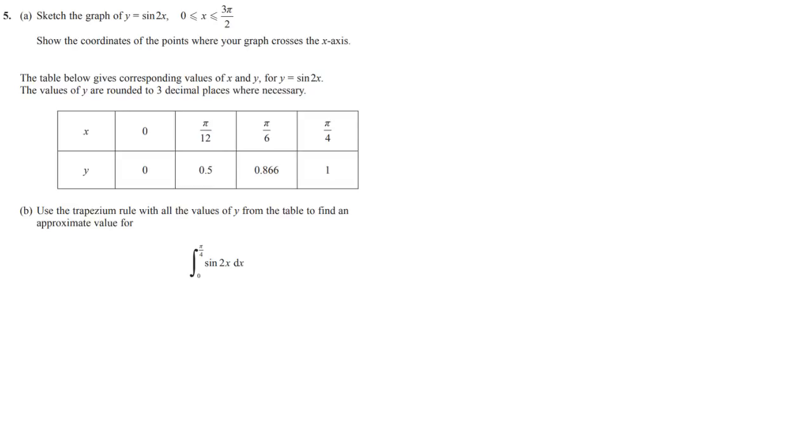Question number 5. Sketch the graph for y is equal to sine 2x, where x is greater than or equal to 0 and up to 3 pi by 2. This is 2x and here we have x. So multiply all by 2.